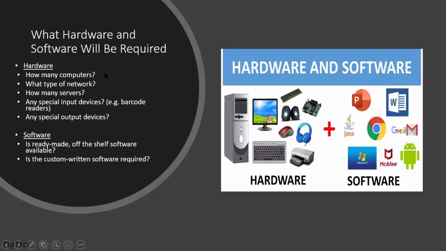Right, hardware and software requirements. Again, you need to know this, but they don't very often ask you to recommend what hardware and what software, but they might. Generally it's common sense, okay?